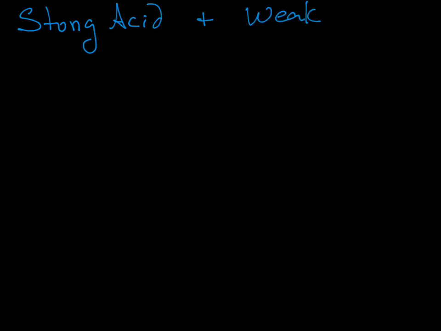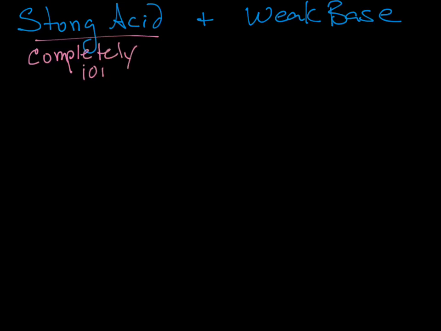Okay, last topic. What if we now had a strong acid mixed with a weak base? So again, what makes a strong acid strong is that it completely ionizes, and a weak base would barely ionize, or very little.